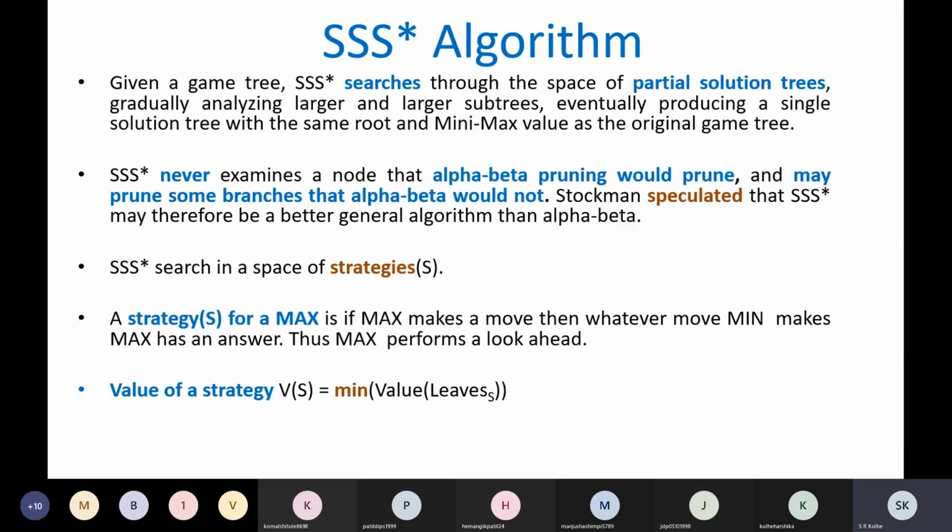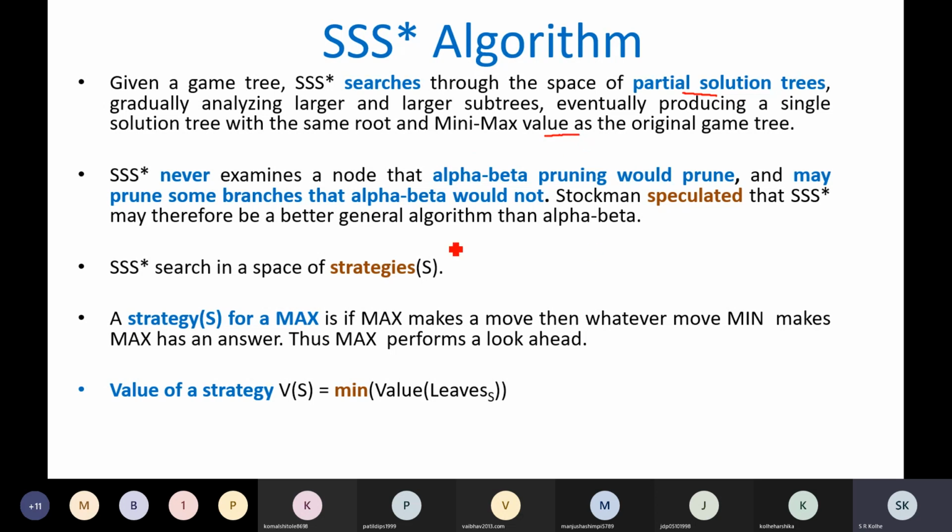Now, what is the use of this? In a given game tree, this SSS star will search through the space of these partial solution trees, that means partial strategies. Over a period of time, it will analyze larger and larger subtrees, and finally it will converge to or produce a single solution tree which will have the same root and the minimax value as that of the original game tree.